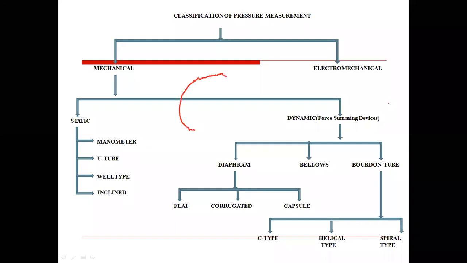A C-type structure is there, and we are applying a pressure over here, and this is connected via some mechanism, via pinion and other actuators. This has been connected to the pointer, and here is the scale. In the next lecture, I will show that particular C-type gauge also.